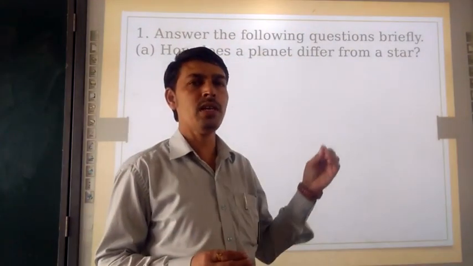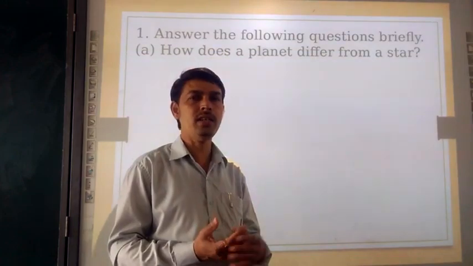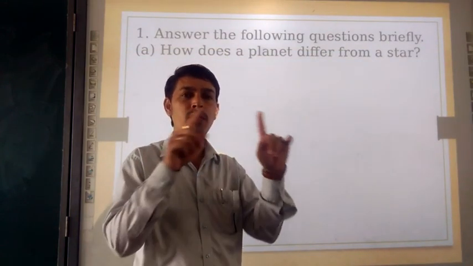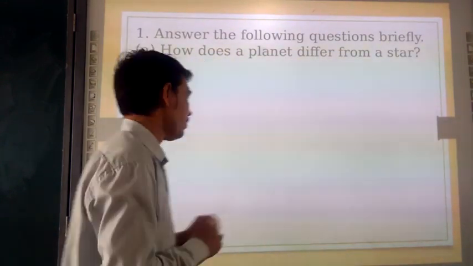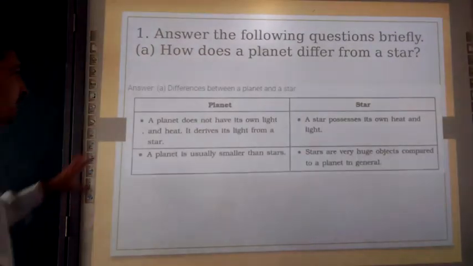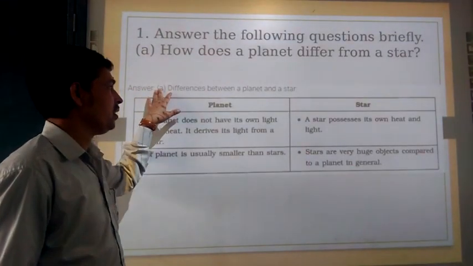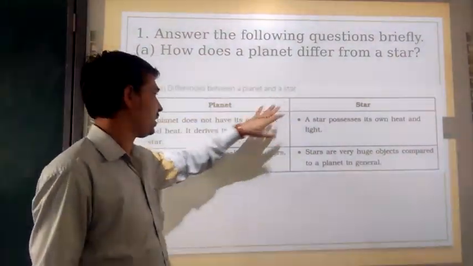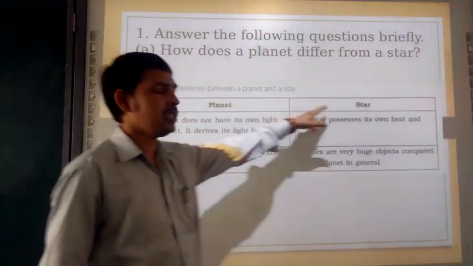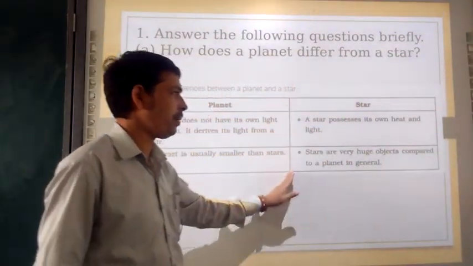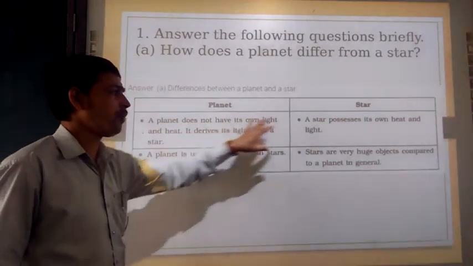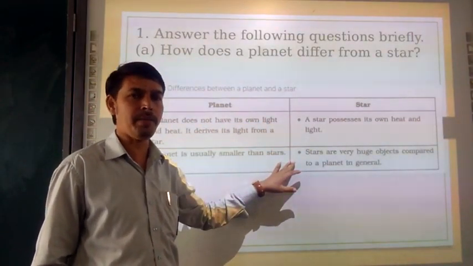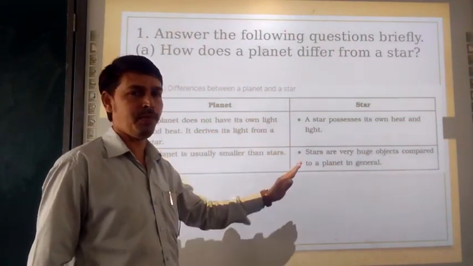Just now I stated the answer, but now we are going to see how to write it. In this way you have to write the difference between planet and star. Write planet here and star here, make a separate line, and mention a few things which make both different from each other.